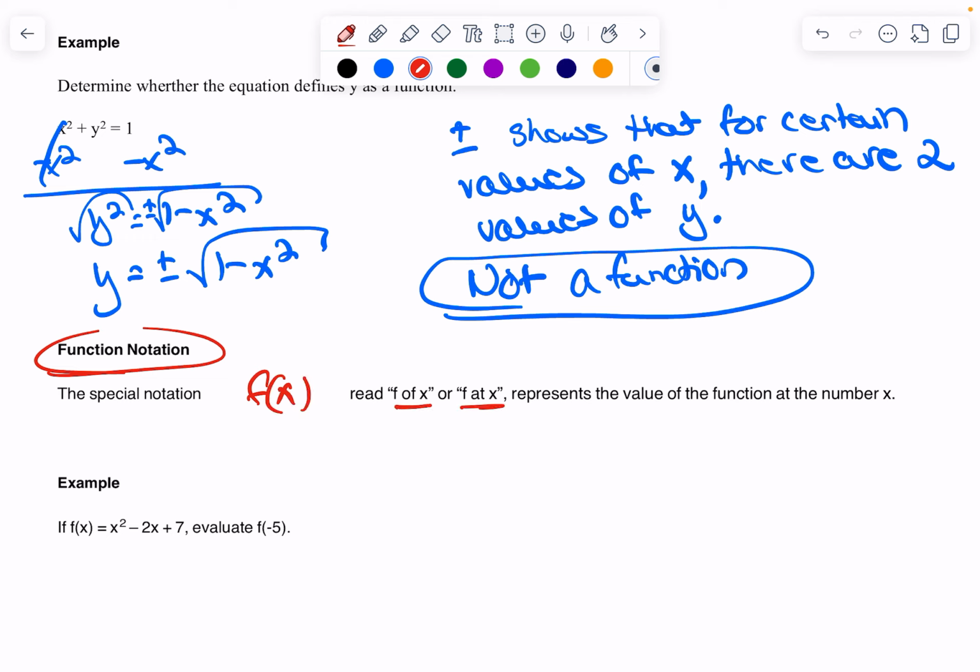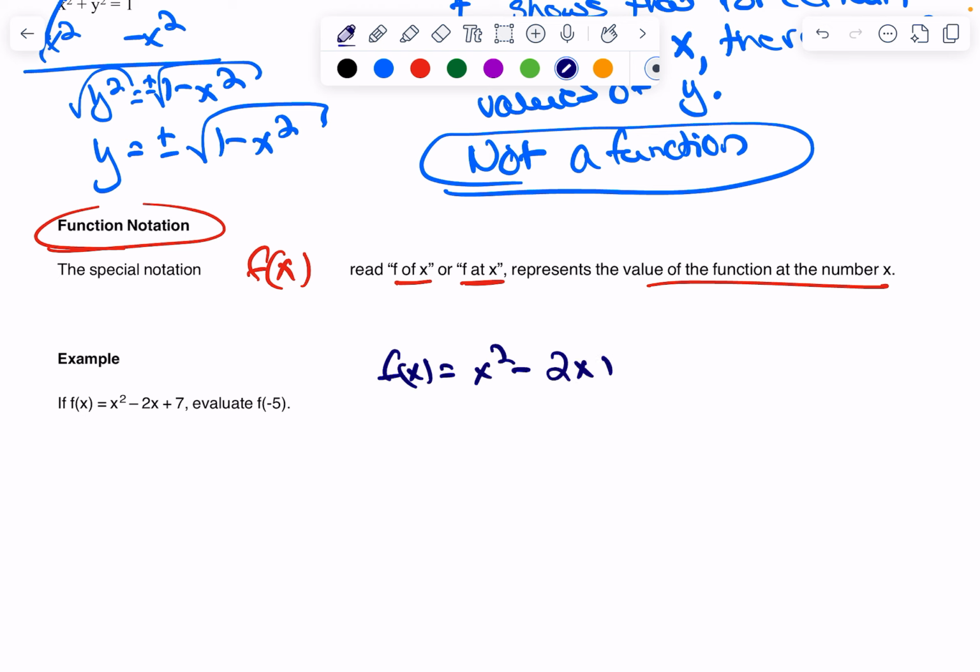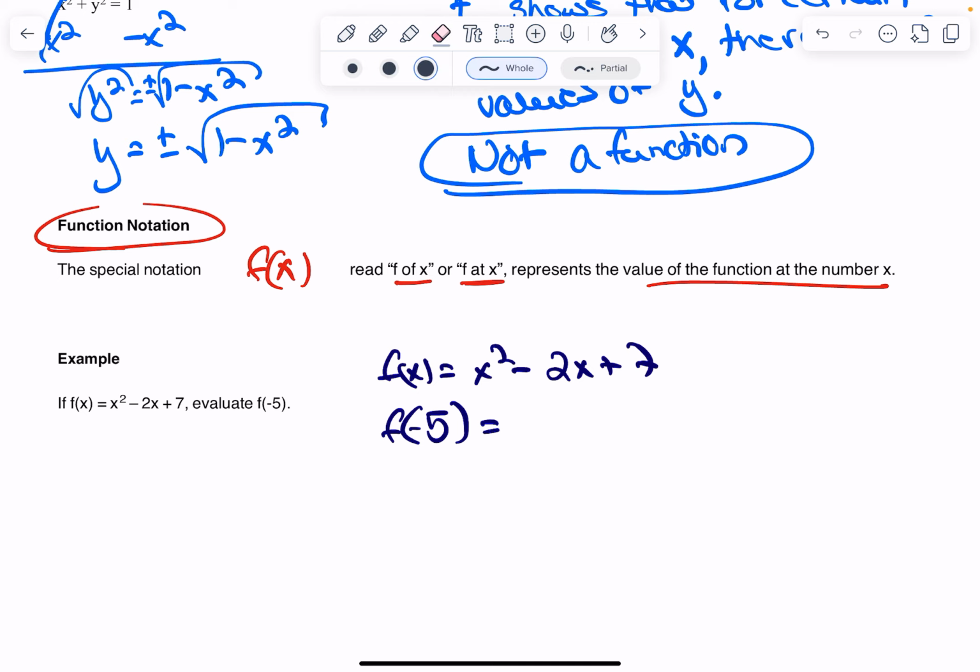So for the next example, if we have f of x is x squared minus 2x plus 7, and we're going to evaluate f of negative 5, we're plugging in the negative 5 where the x is.